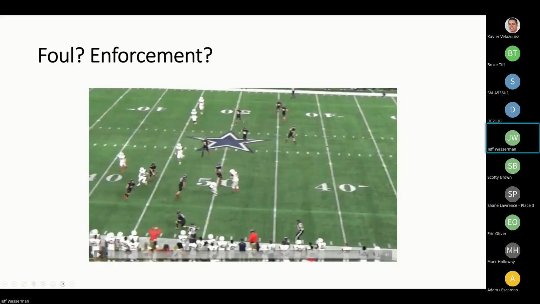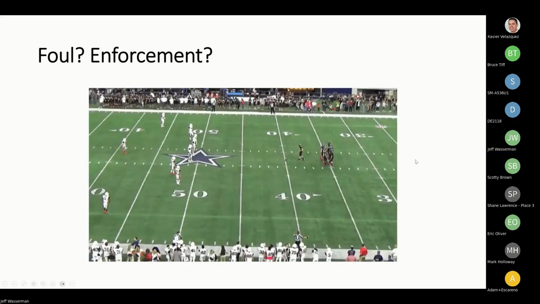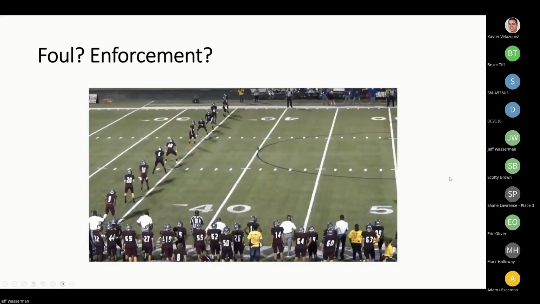Instead, this crew, if I remember correctly, gave the receiving team the ball at the spot that it was received, and they tacked on 5 yards, which really, if they had ended up with possession, that would have been a different story, but they didn't have that option. So this was enforced incorrectly. All right, so let's see what about foul and enforcement on this play.